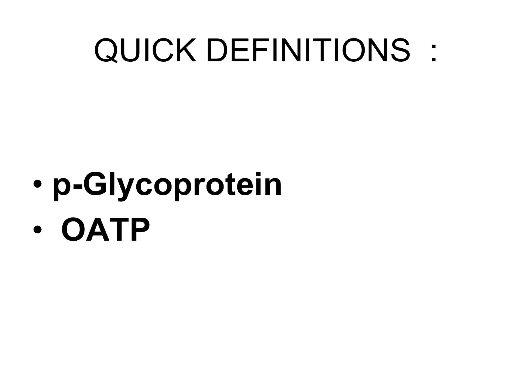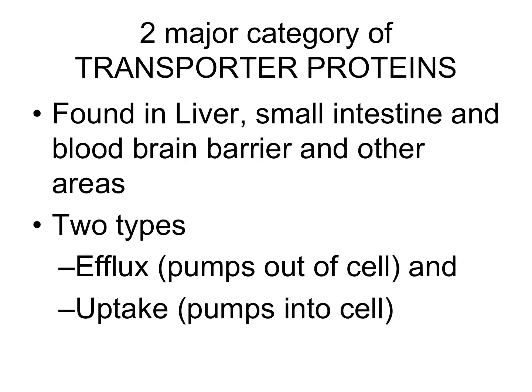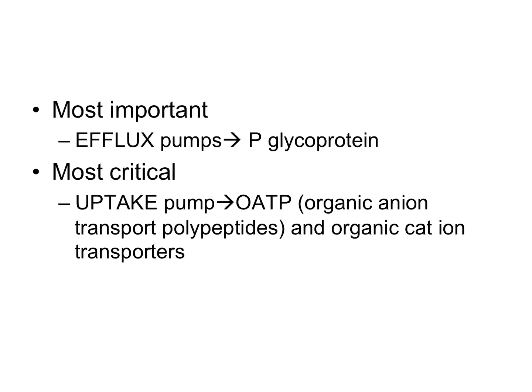So some quick definitions: p-glycoprotein and OATP. There are two major transporter proteins: you have efflux pumps and uptake pumps, right? The p-glycoprotein is an efflux pump. The idea is to pump it out of the cell. Or in bacteria, pump it out of the bacteria. Pump that antibiotic out so that they can still live a life.